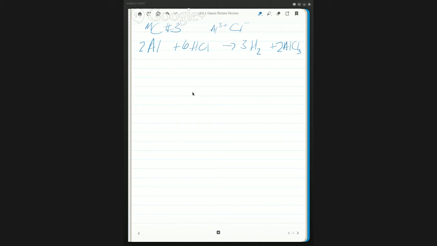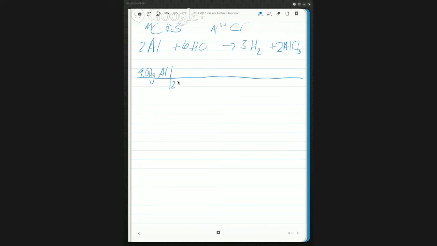Okay, so now I have a balanced equation, and I start with 9.00 grams of aluminum, and I'm going all the way to the volume of hydrogen gas at STP. All right, so 9 grams of aluminum.